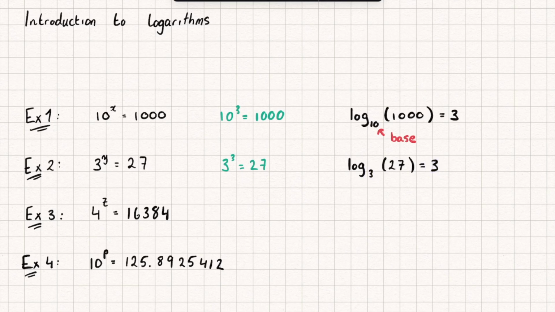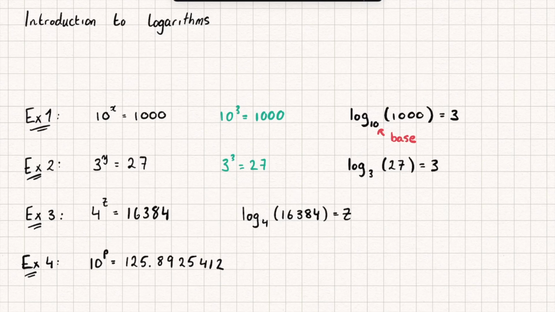And the reason this is useful is because let's write this equation from question 3 in logarithmic form. So it would be log base 4 of 16,384 equals z. And initially you might be thinking, well, that's not particularly useful because now I just know z is equal to this thing here.